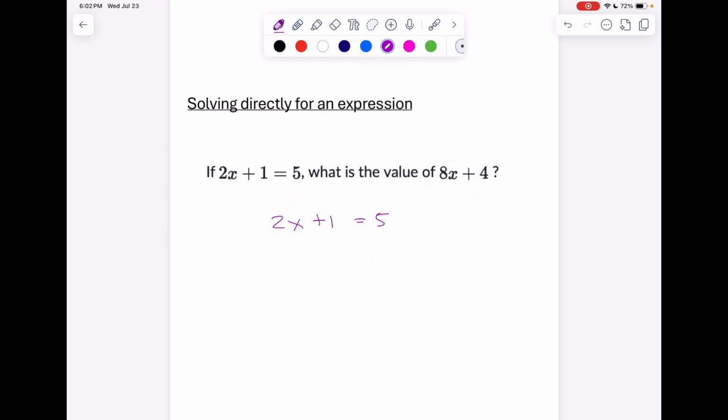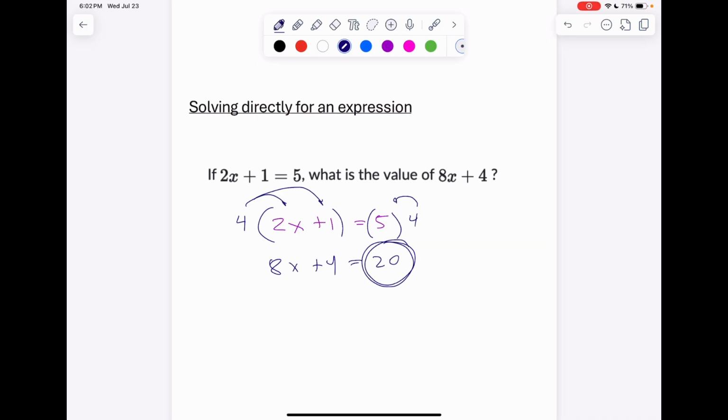So if I take the entire left-hand side and multiply it by 4, I can balance that by doing the entire right-hand side times 4 as well. If I distribute the 4 on the left-hand side, I get 8x plus 4, the thing I'm solving for. And on the right-hand side, 4 times 5, that gives me 20. So I went directly for my answer.